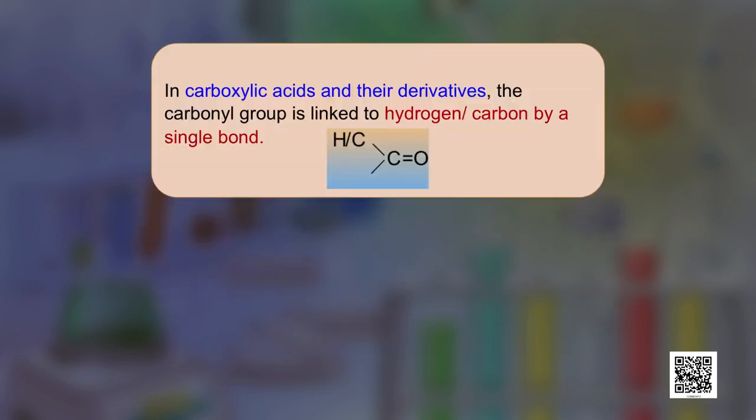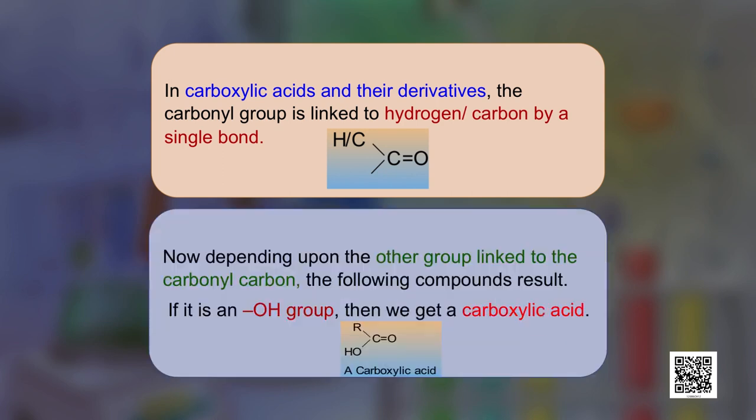In carboxylic acids and their derivatives, the carbonyl group is linked to hydrogen or carbon by a single bond, and then depending on the other group which is attached to the carbonyl group, the following compounds result. If this group is an OH group, then we get a carboxylic acid.